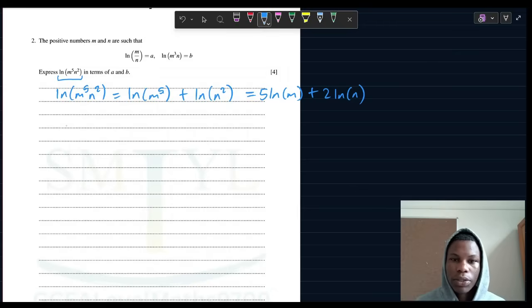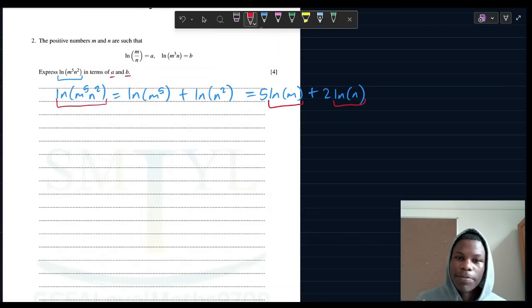And what we're going to do is we're going to solve for ln m and ln n in terms of a and b. And that should give us an expression for this in terms of a and b. Okay. So now let's just forget about this for a second. We're now here.